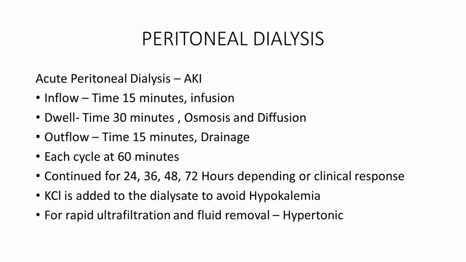And then there is the outflow. You drain that fluid under gravity, and it usually takes about 15 minutes. The whole cycle is usually 1 hour, 60 minutes. And these cycles in acute peritoneal dialysis are continued for 24 hours, 36 hours, 48 hours, 72 hours, depending on the clinical response of the patients.